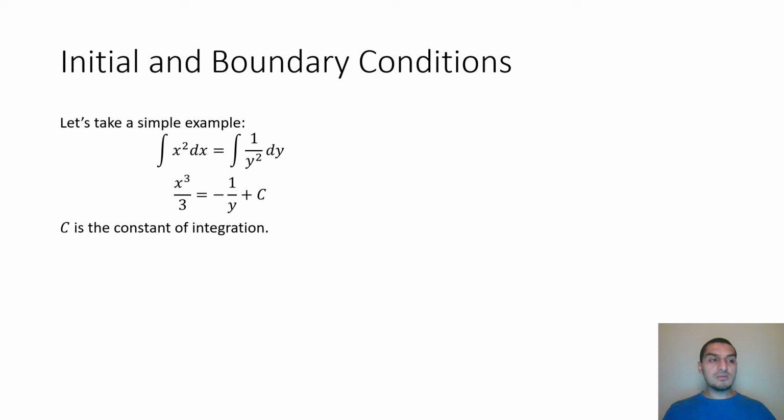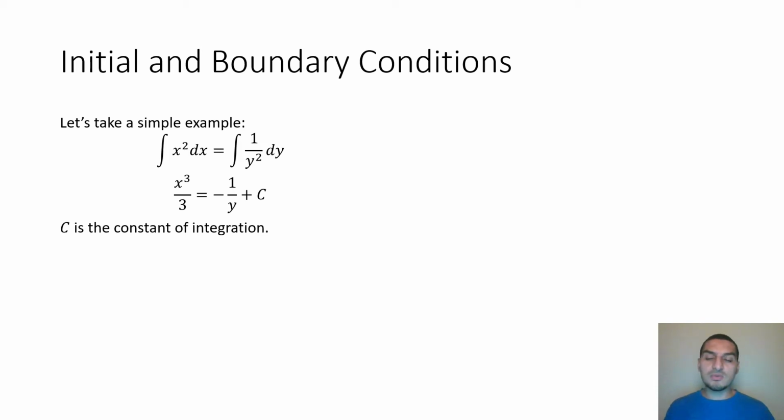The way we can do this is by substituting in the equation with information that we know. So let's say I know that for x equals 1, y equals 5. If I substitute here with x equals 1, y equals 5, I can get the value of c, put it in the equation, and then the equation is fully defined.